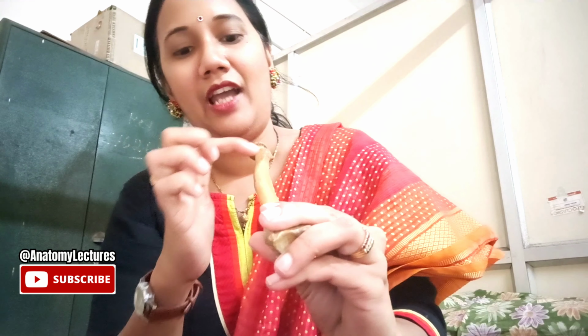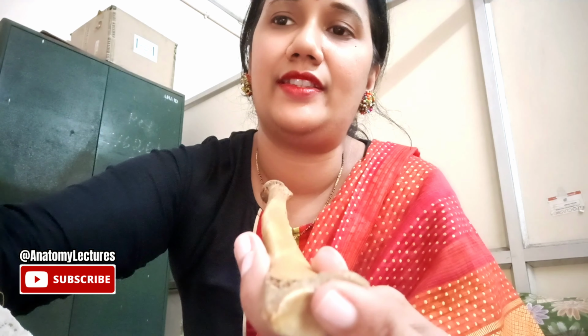In between the anterior border and the posterior border, you have got one surface, that is the lateral surface. Okay. So three surfaces: anterior surface, posterior surface and lateral surface. Okay. So we'll see what are the attachments on each surface.